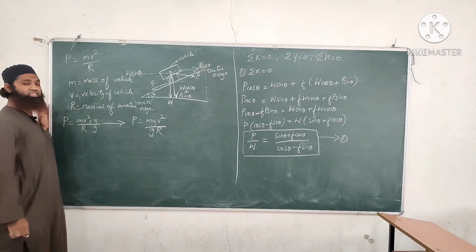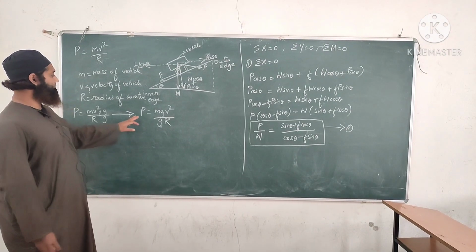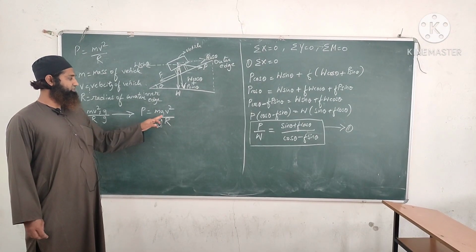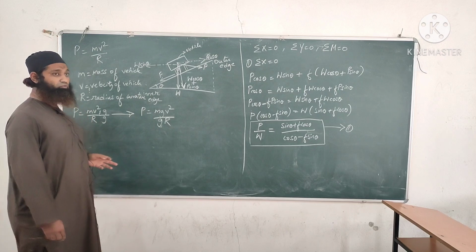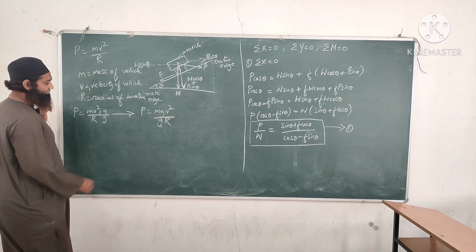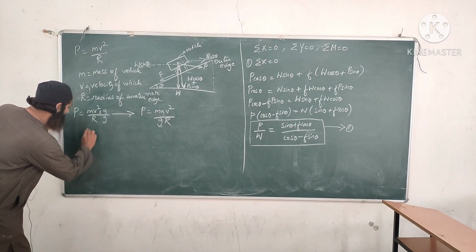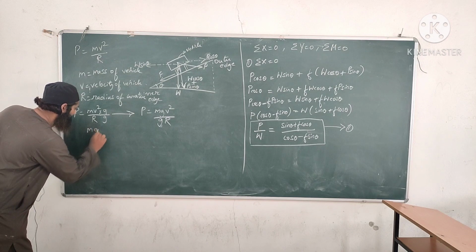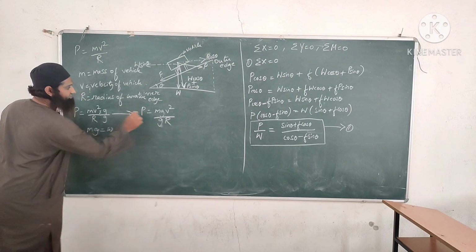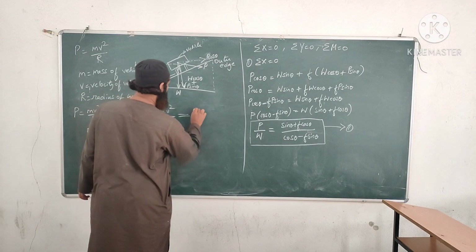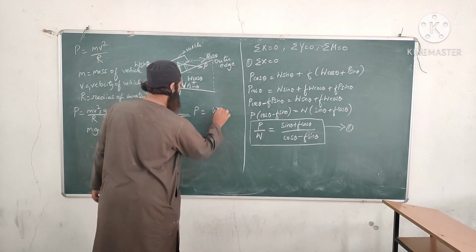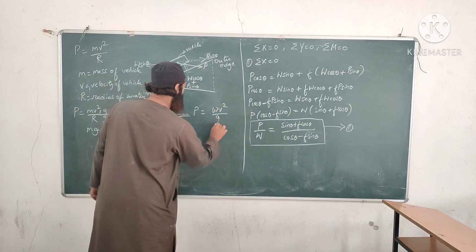We know mass into gravity, that is mg, is equal to W. I'll substitute it here. So this will become P is equal to W v square by gr.